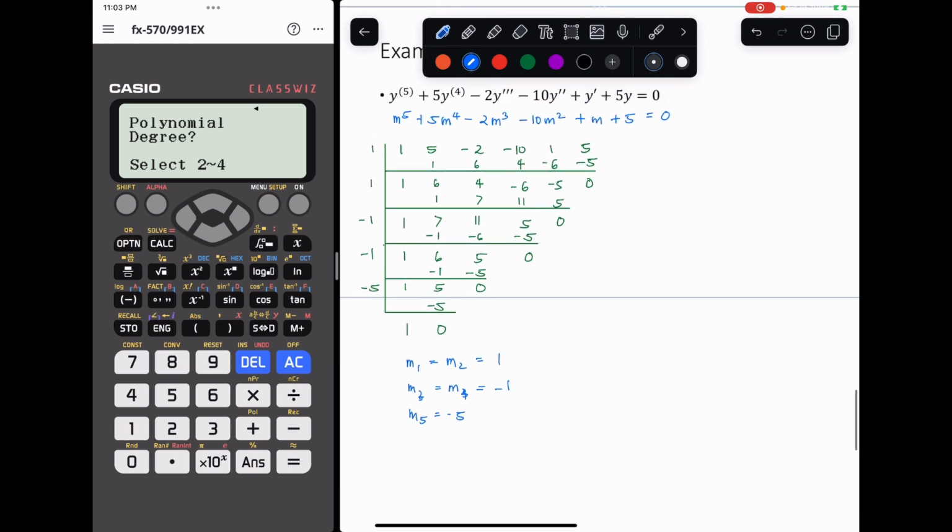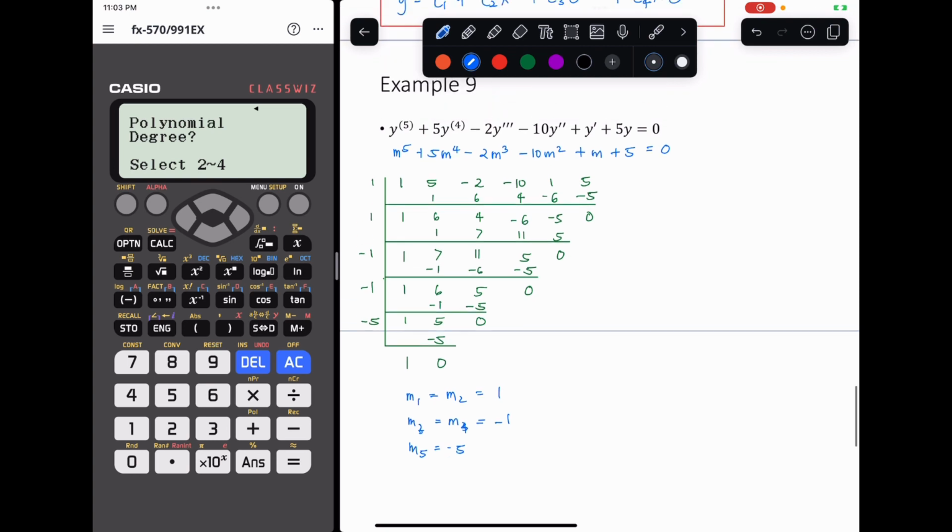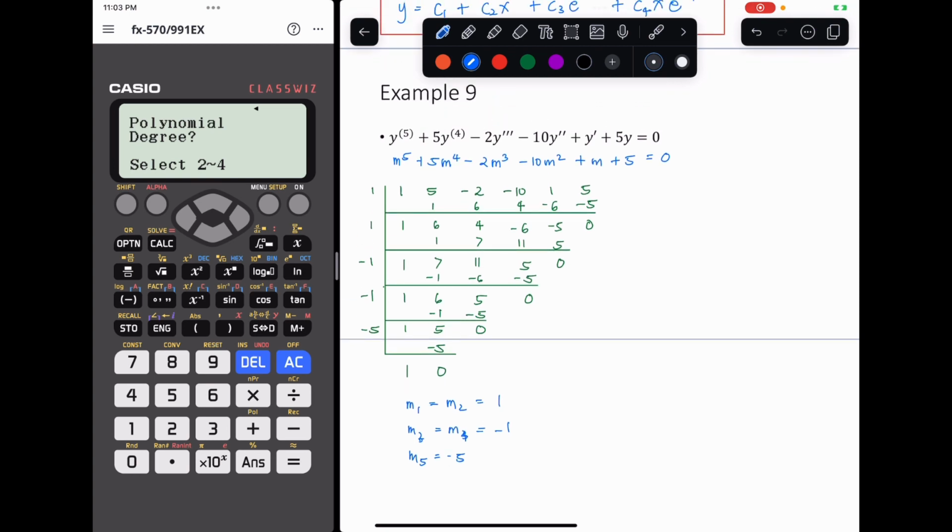So if you have an equation like this, and let's say you were able to get the first root already, in this case the first root is 1, assuming that that is correct. And then you have a calculator wherein the fourth degree is possible.